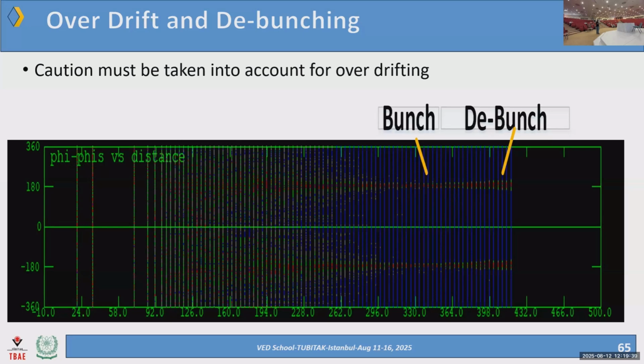This is the phase difference, and this is the distance. Remember that in the gun you have a very wide band of energies coming through. In the cavity, they are rearranged, and then in the drift space, they are bunched depending upon the velocities.